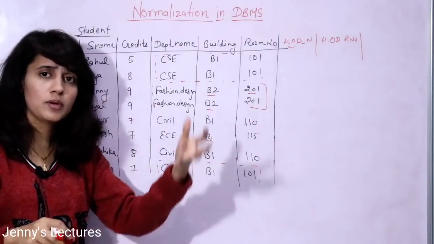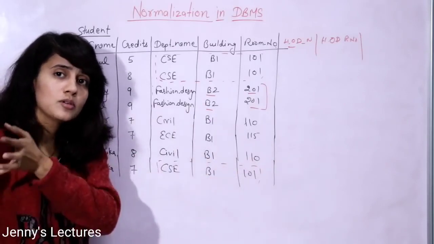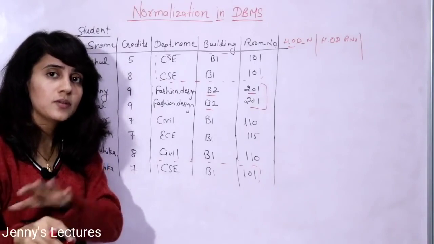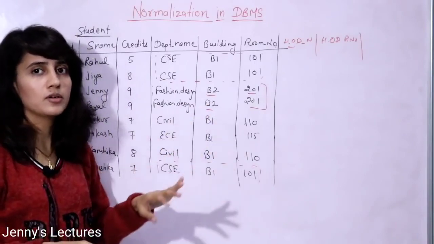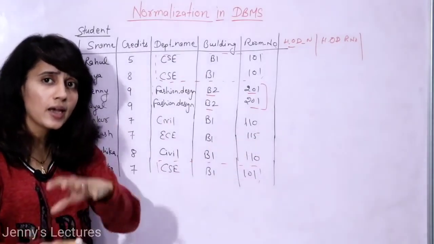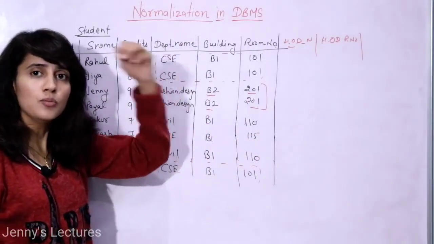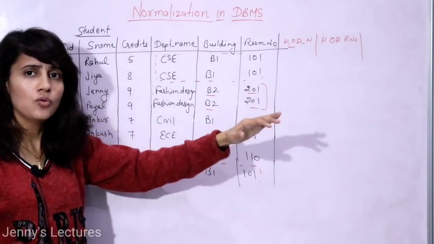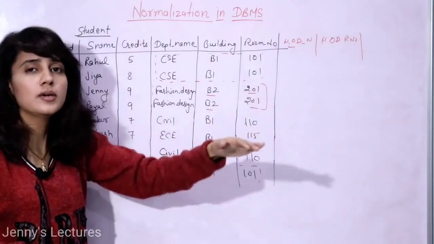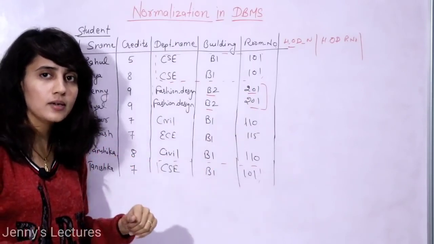Inconsistency, insertion problem, deletion problem, update problem, all the further problems will arise because there is redundancy in your table. So if you reduce or remove the redundancy, see, I'm not saying that normalization will remove the redundancy completely, no, but it will reduce the redundancy, it will reduce the duplicate data, right?